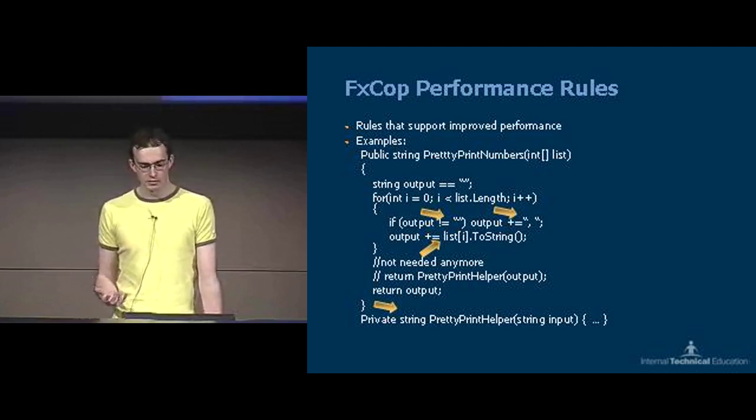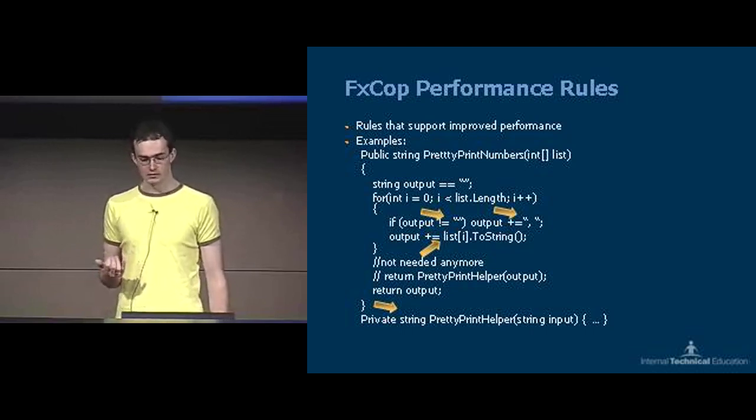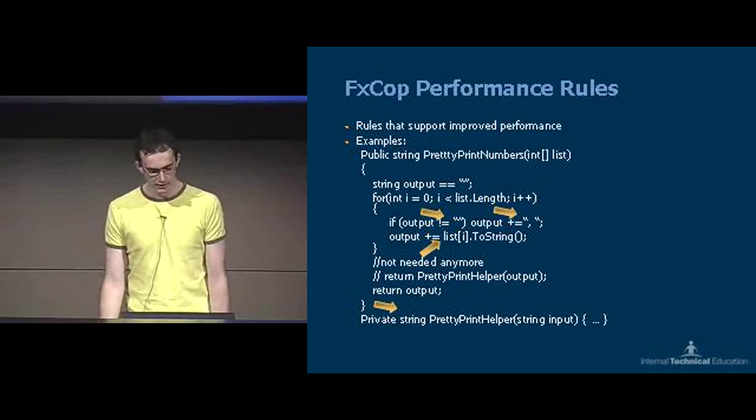What people often do is use string.Empty to avoid the string creation, but then you still do a string comparison. So the fastest way to check if you have an empty string is to check the length of the string. So the code should say here, if output.Length equals 0, then execute this code.